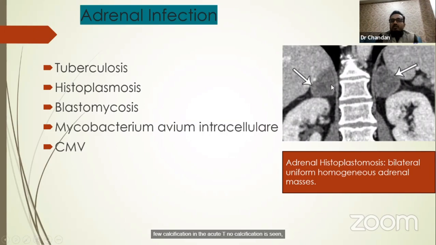In the acute stage, no calcification is seen, but in the chronic phase calcification may be seen, and this type of infection leads to chronic adrenal insufficiency. So the patient can present with hypotension, hypovolemia, lethargy and weakness. These are the features of chronic adrenal insufficiency.